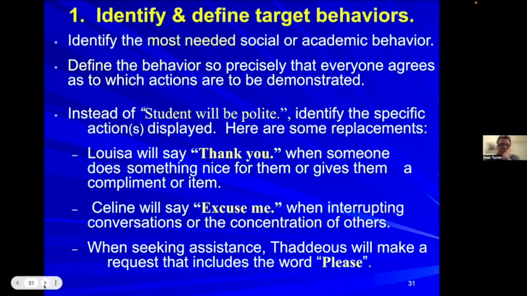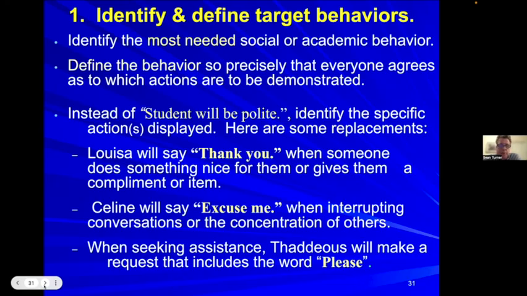So in terms of identifying and defining target behaviors, this is again part 3. Identify the most needed social or academic behavior. So in this class, it's probably going to be focused on either social or academic. And we want to define the behavior so precisely that everyone can measure or look at what actions are being demonstrated.